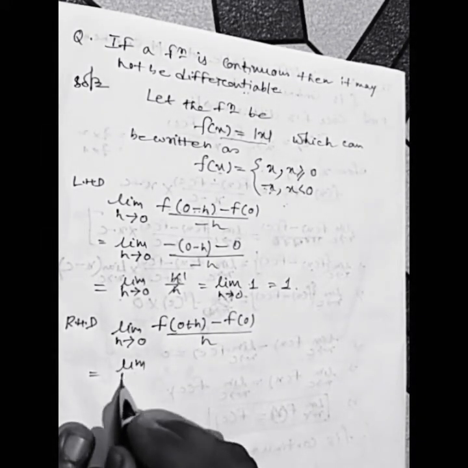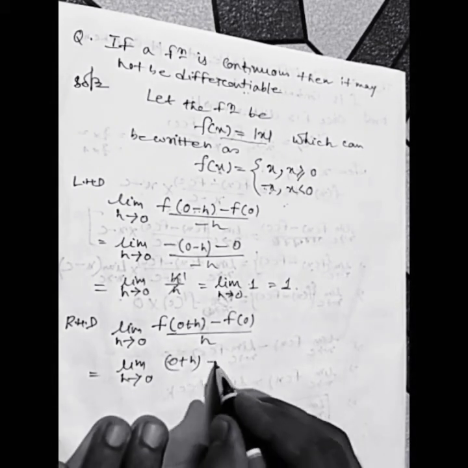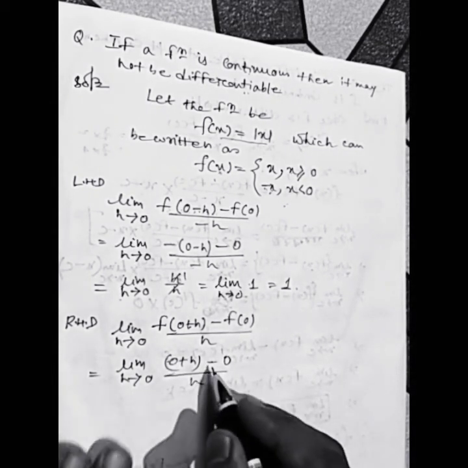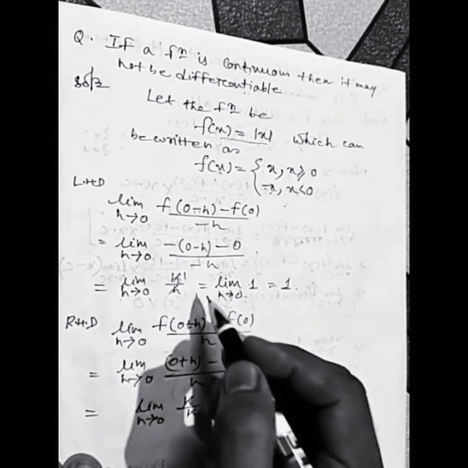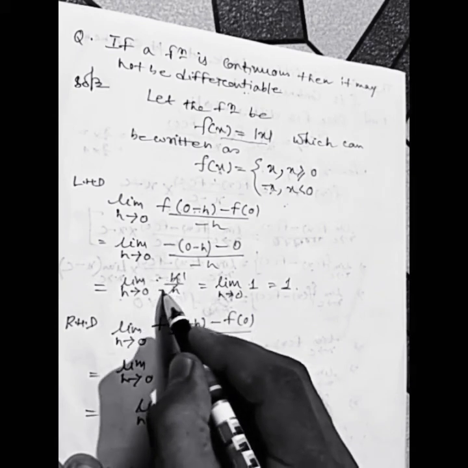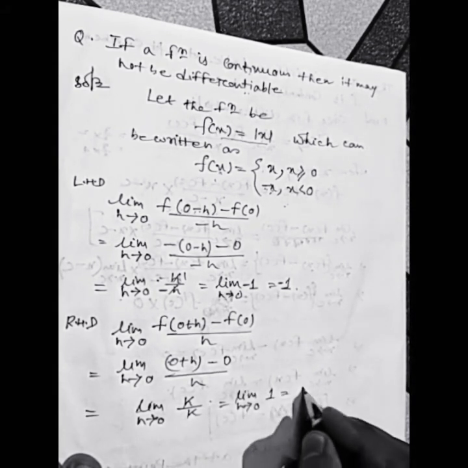So I replace x by 0 plus h, minus 0, divided by h. Here we get h by h. Sorry, in the left hand derivative we are getting minus 1. Here we are getting 1.